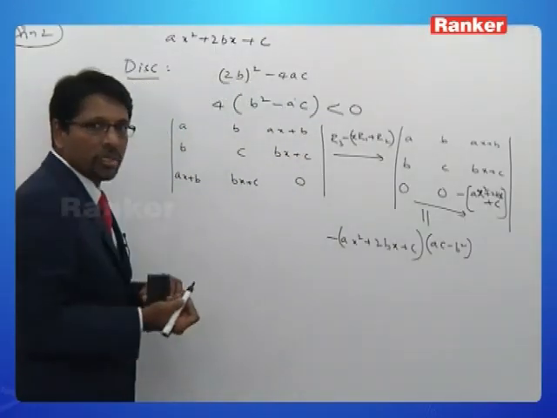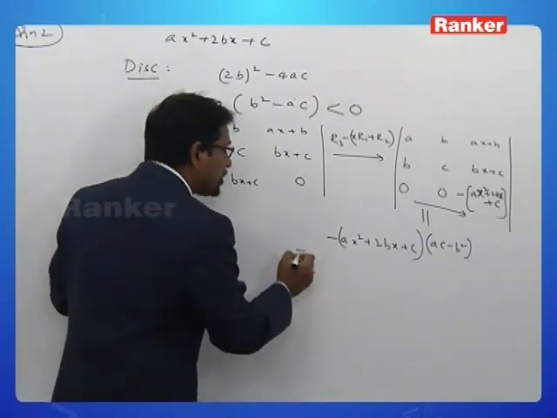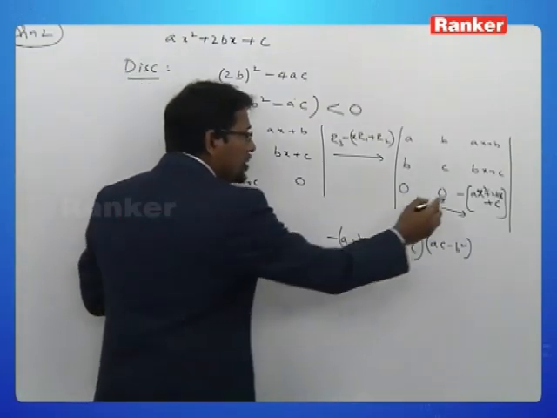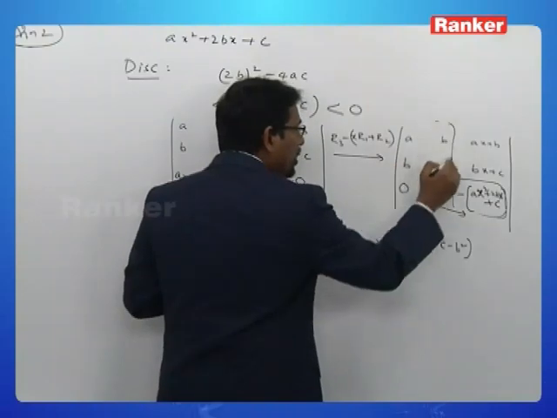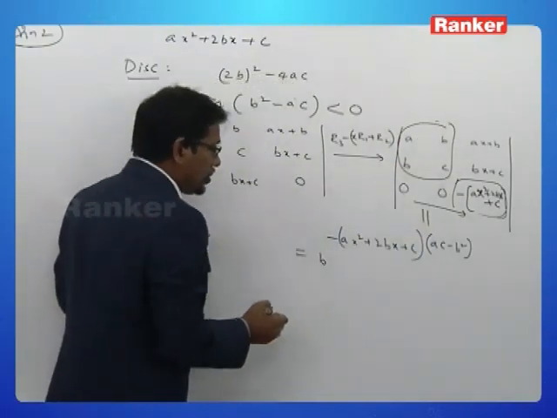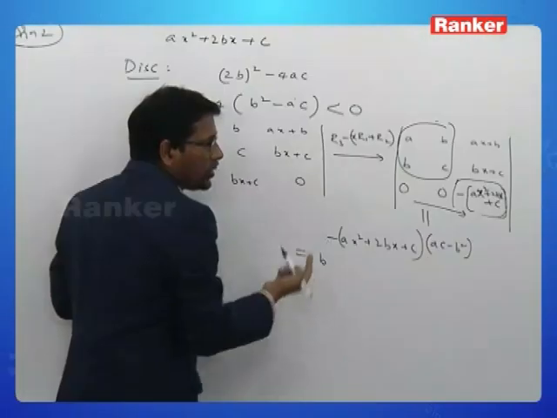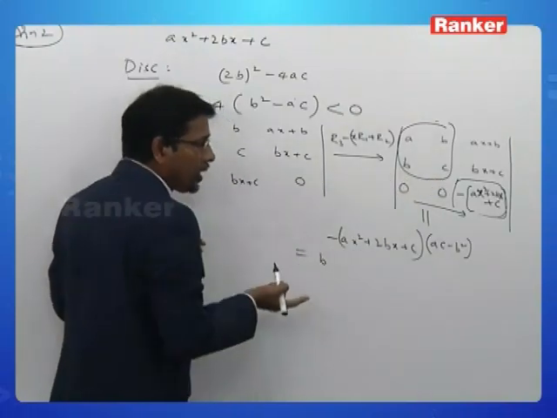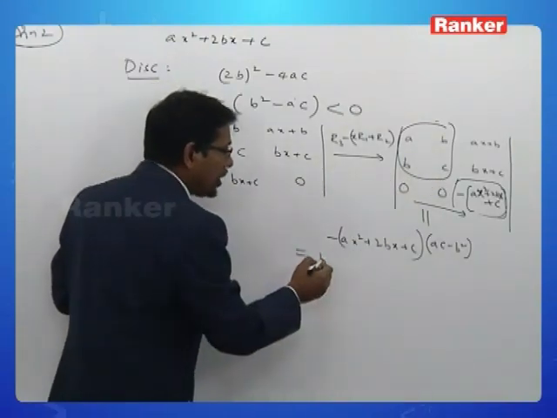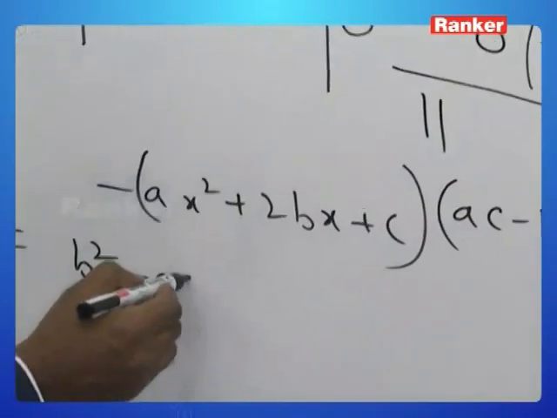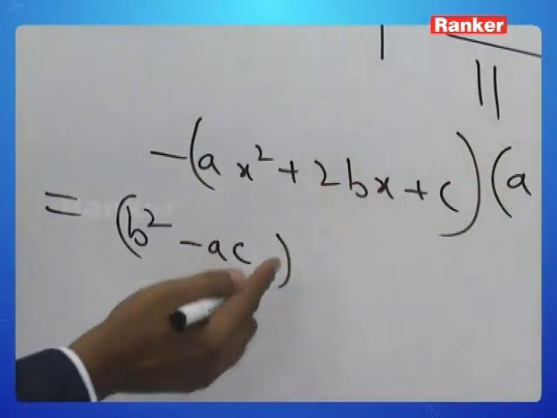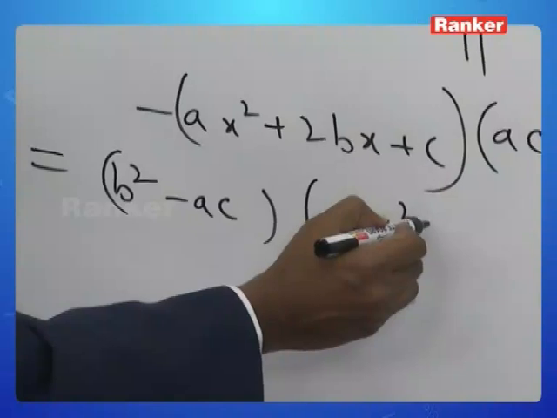That is this element into its corresponding cofactor. The rest of the elements being zeros, I'll not have that part. So what do we have here? b square minus ac, I'm absorbing this minus sign here, into ax square plus 2bx plus c.